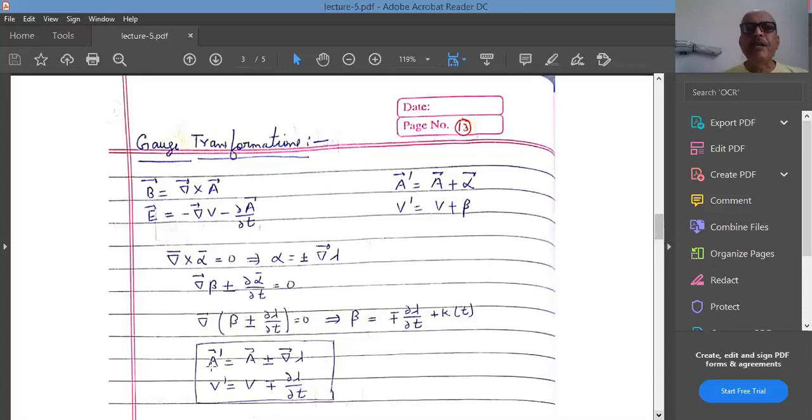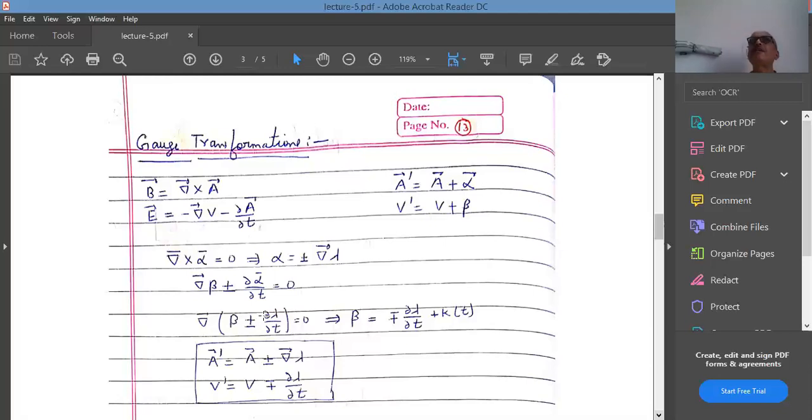So the relation between all possible values of A and B, because we can have several values of lambda, means we can write down a set of A and B values for the same electric field and the same magnetic field, but remember, the reverse is not possible. Reverse means we cannot write several E and B for the same set of A and B. So you have to understand why gauge transformations are required.